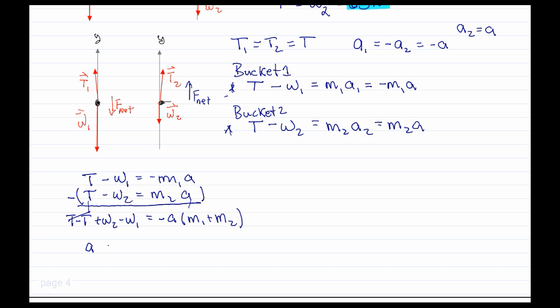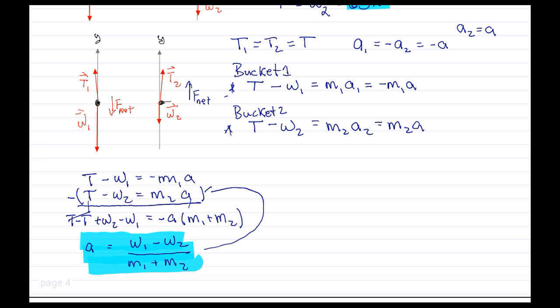a is just equal to W1 minus W2 over m1 plus m2. Okay, so now that we have a, we can go ahead and find T. To get T, we just have to substitute a into one of these equations.